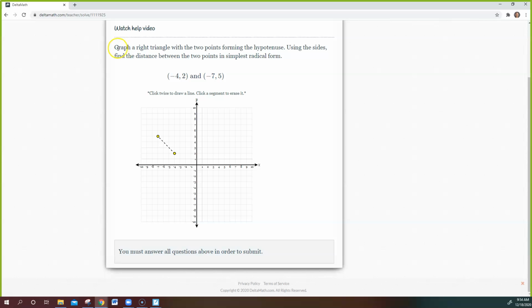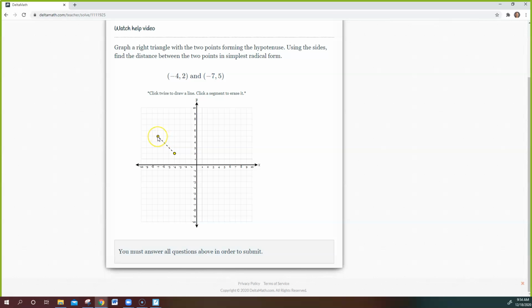According to the directions, you have to graph a right triangle with 2 points forming the hypotenuse. Those are the two yellow dots. And then using the sides, we want to find the length between the 2 points in simple radical form. So I'm going to show you this quick. And here's the tricky part. It says click twice to draw a line, and then click on a segment to erase it.